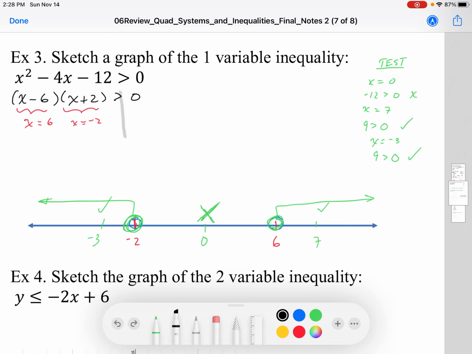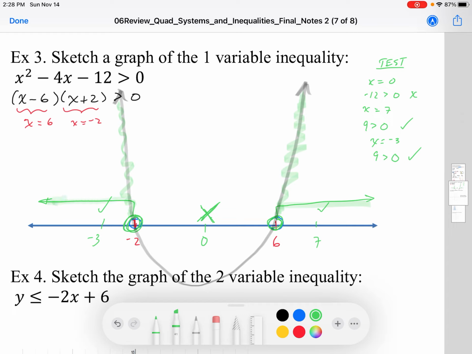So I know that the parabola is going to be facing up. It's going to go through the zeros like this. And there it is. Then my solution must be where it's above the x-axis. So my solution is going to be all this, which translates into that section. Above the x-axis is all here, which again translates to that section there.